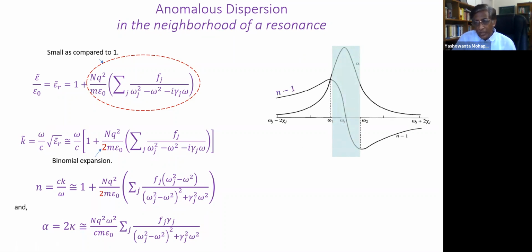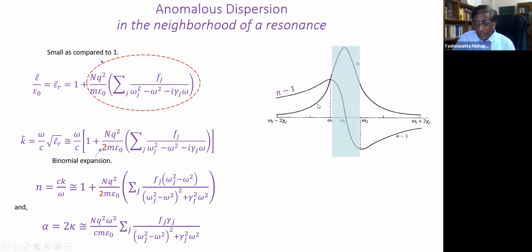So I have plotted here around one of the resonances, let's say omega j, wherever there is a resonance. And then I've taken n minus 1, only this quantity is showing up, and I plotted that as a function of omega. It looks like that. So this is n minus 1. And then what is alpha in the meantime?